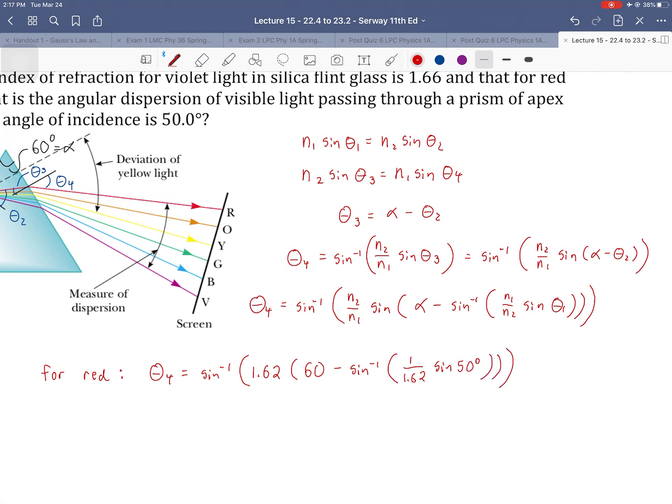Okay. And that ends up being 58.6. Okay, so 58.6 degrees for red.